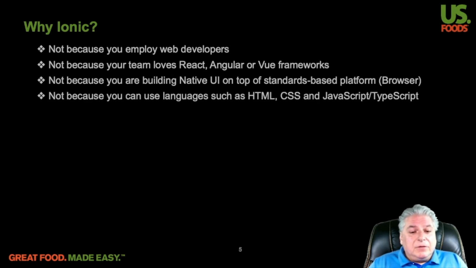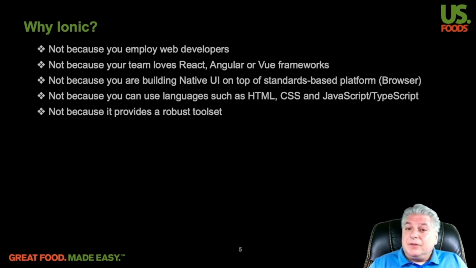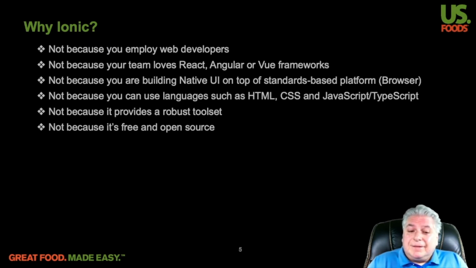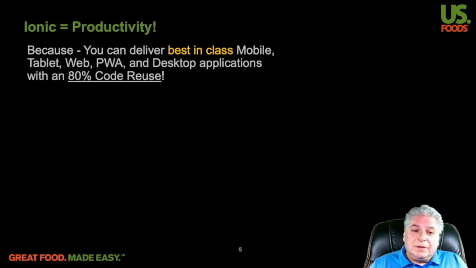It's not because you can use languages like HTML, CSS, and JavaScript or TypeScript. It's not because it provides a robust tool set. And finally, it's not because it's free and open source. Ionic equals productivity. It's really because you could create a best-in-class application across devices with about an 80% code reuse if you really do your architecture right.